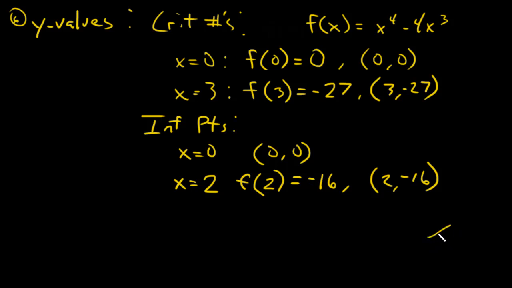Okay, so let me clear this and let's sketch a graph. Here we go. A lot of information to put down. So first things first, I'm going to just kind of remind myself what I had. I'm going to look back at the f prime table, so we can have all the information in one place.